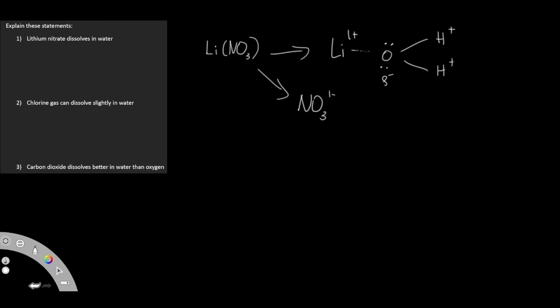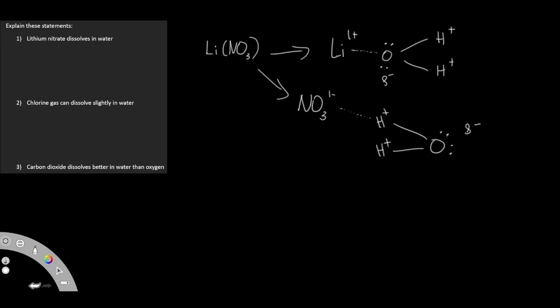You have an interaction where it breaks it apart like that. Same thing with this one over here. This one's going to be the pluses. Again, slightly negative over here. And you're going to have an interaction of it being pulled apart.